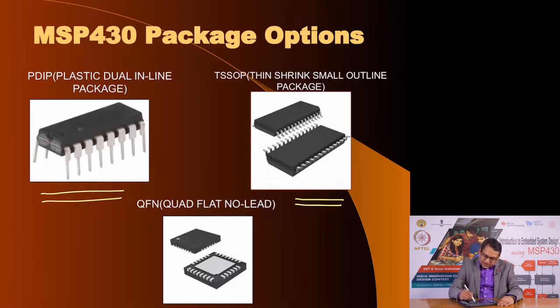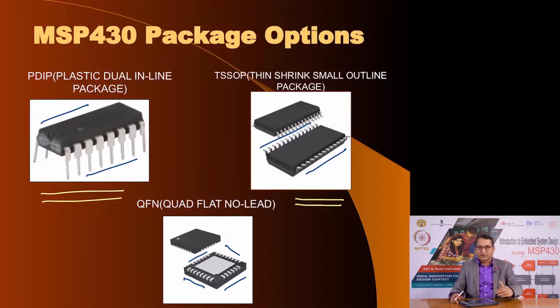If you notice, TSOP has pins on 2 sides just like DIP, but when you have a quad flat pack, there you get pins on all the 4 sides. So, this leads to an even smaller package size, because then you are utilizing all the sides of the IC. So, the MSP430 microcontroller is available in so much variety.